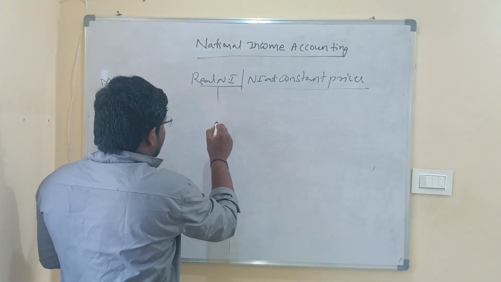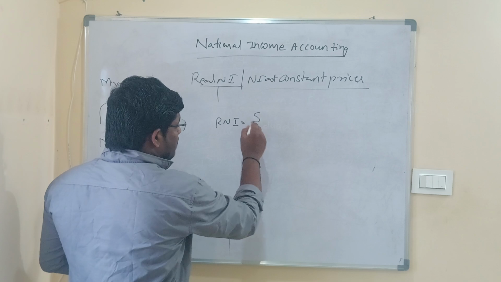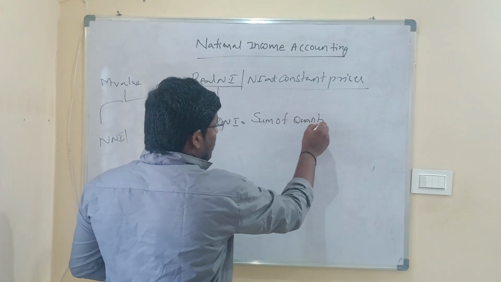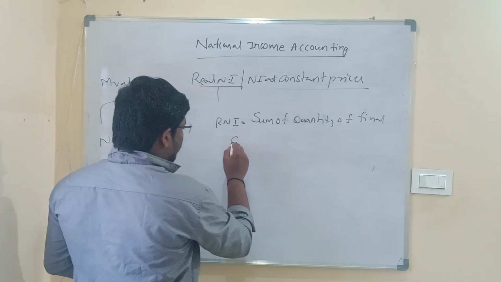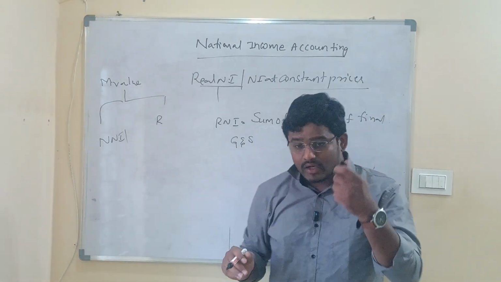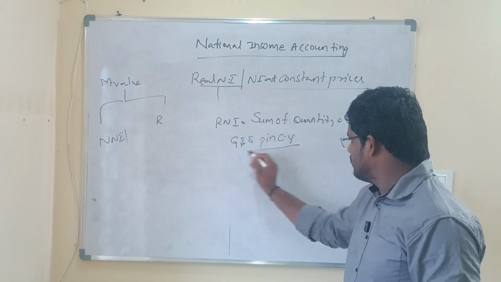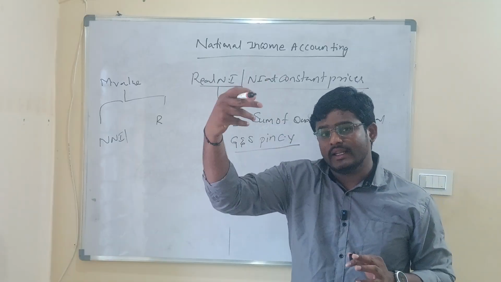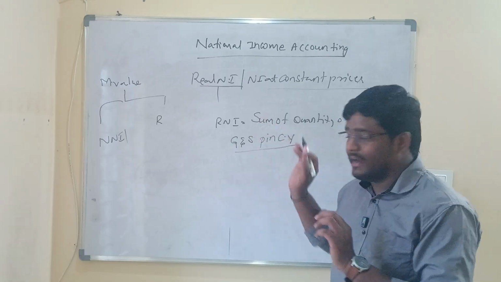So, real national income, RNI, can be defined as the sum of quantities of final goods and services produced in the current year. Whatever we wrote for nominal national income is also copied here.